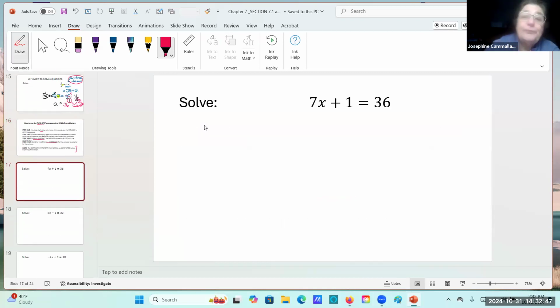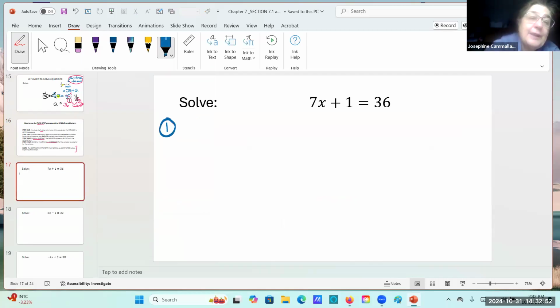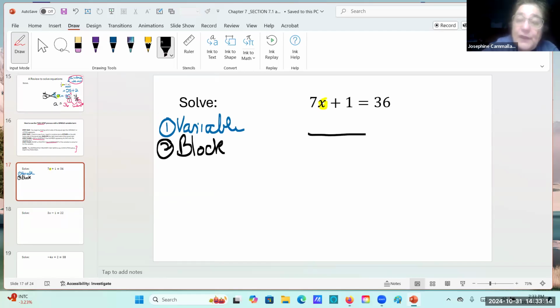Okay, here we go. First step. Variable. Where is it? Well, it happens to be right here behind the 7. Now, this is where we go to the block. We're going to draw this line here. Now, this entire term is coming down here, 7x.